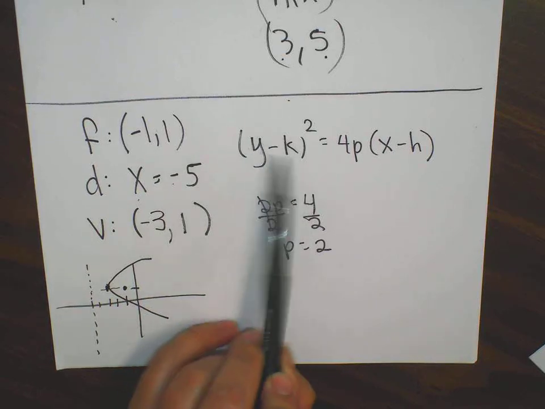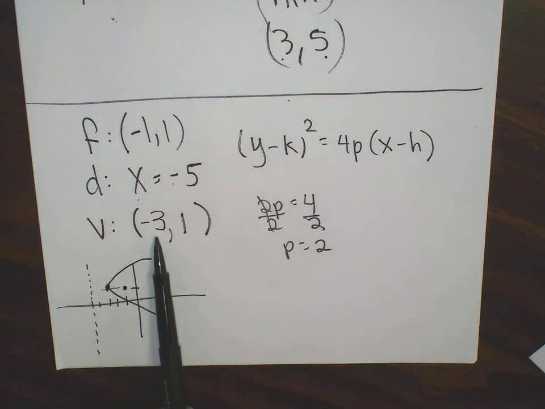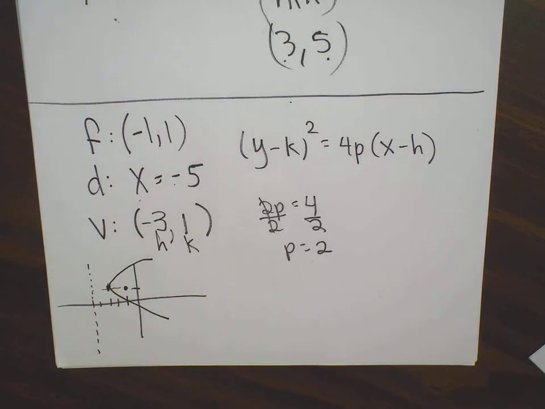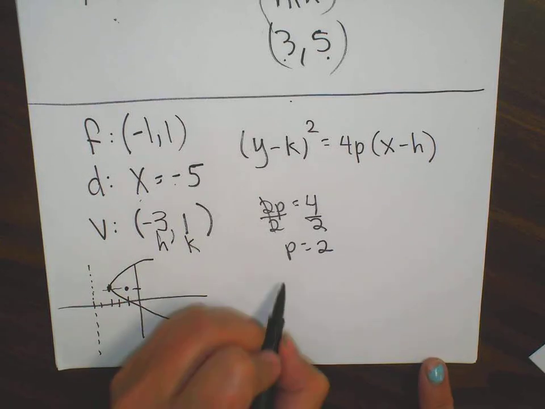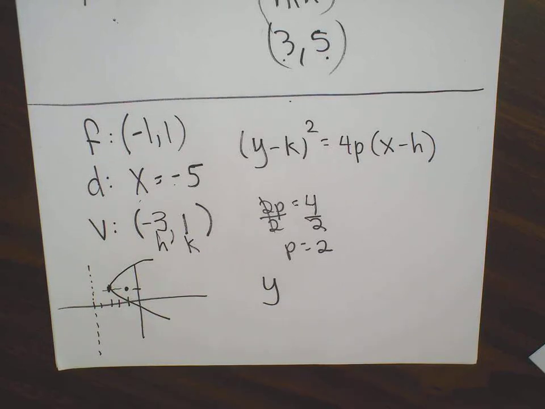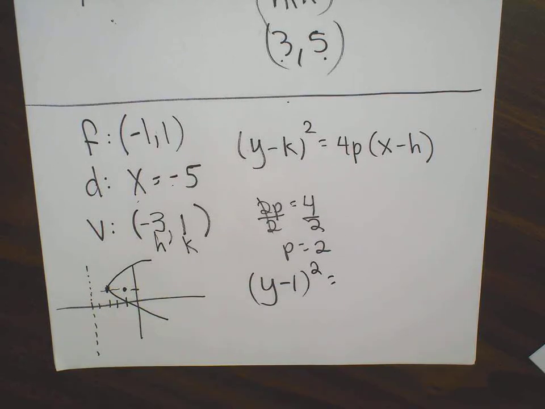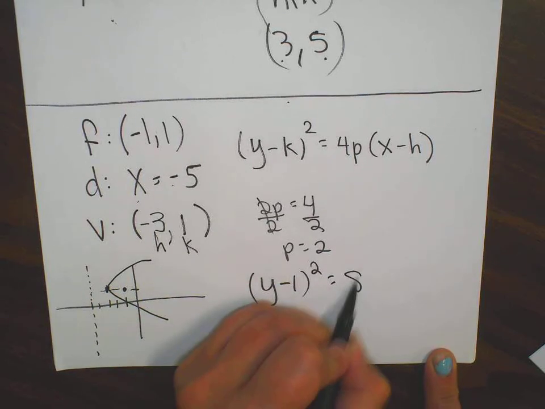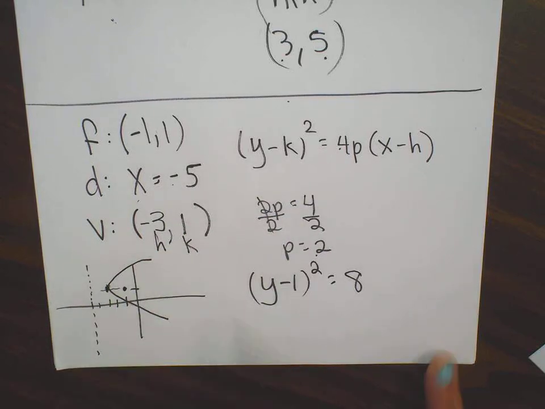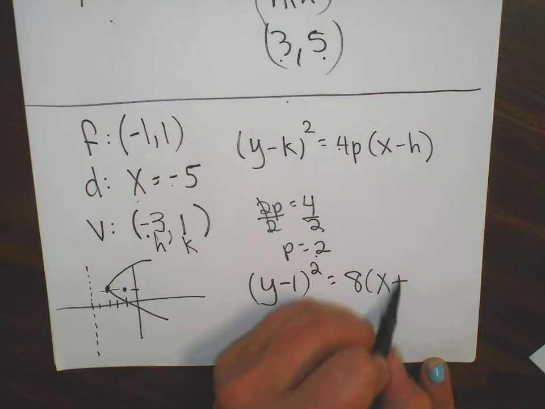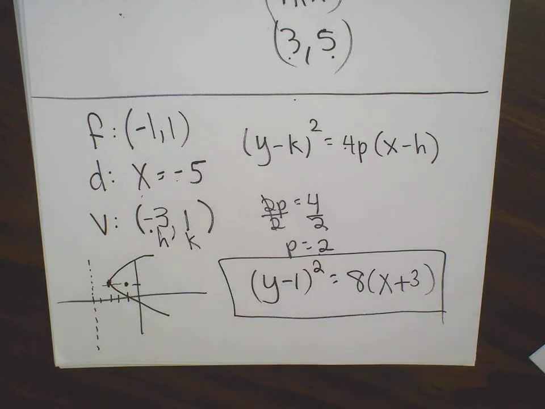The y's show up first, and then the x's. We don't just follow the order that they're written. The h goes with the x, and the k goes with the y. And we know it opens to the right, so P is positive. So what would my standard form be? Y minus 1 squared equals 8, because it's 4 times 2, and 2 is positive because I'm opening to the right, times x minus -3, which becomes x plus 3. That's it.